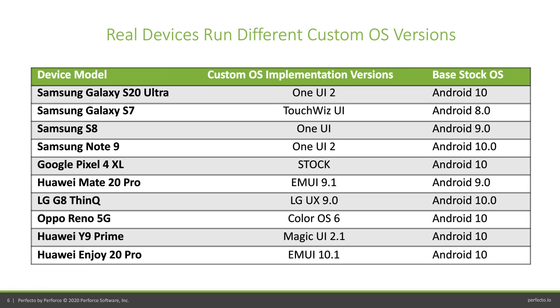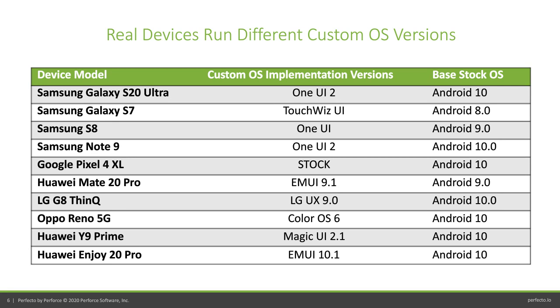And why is that important? Because when you are testing throughout the development lifecycle, you are trying to test as close as possible to your real end users. So when you're testing on a virtual platform, you will get a good stock OS of the Android 10. It's not always the case with the real custom version that is going to be live on the end user devices out there.